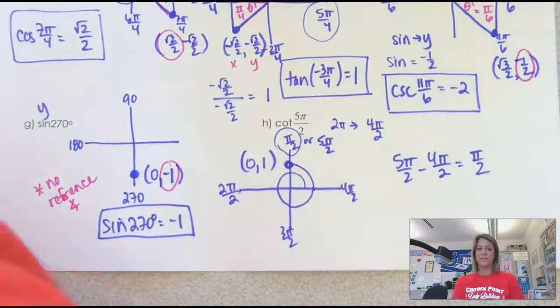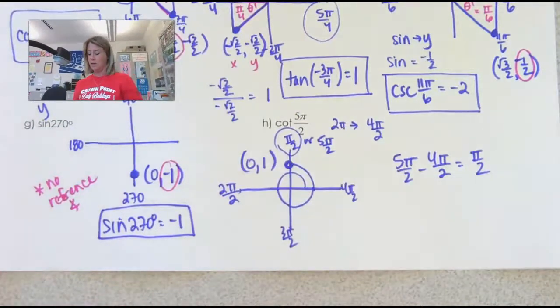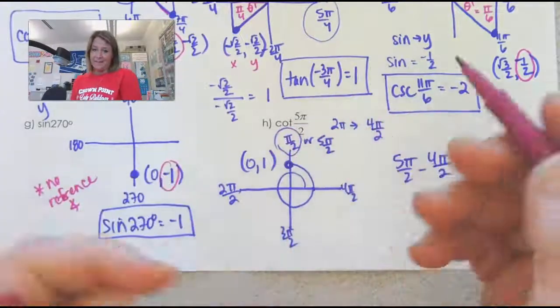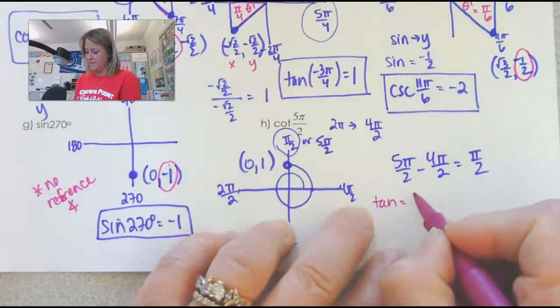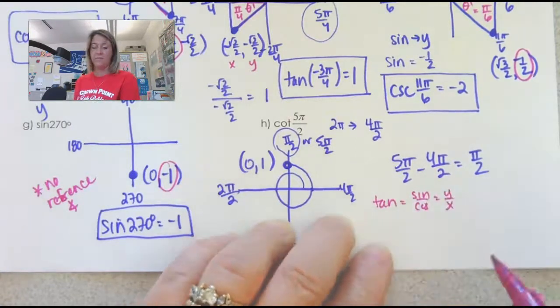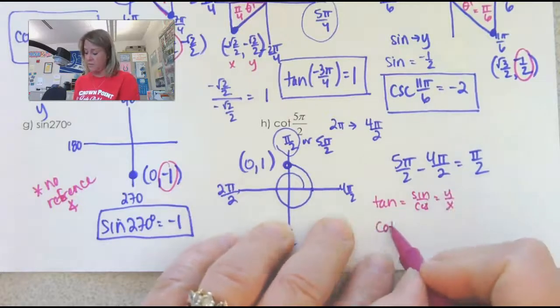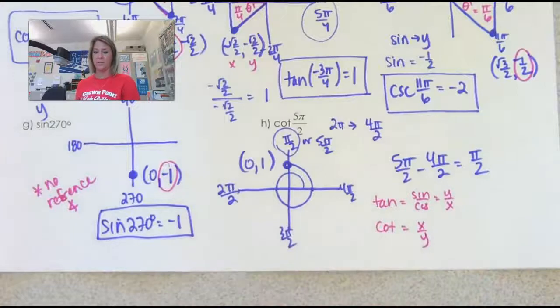What does cotangent mean? Let me move my face. What does cotangent mean? Well, I like to work with tangent better. So tangent is sine over cosine. Tangent is y over x. If that's the case, then cotangent has to be x over y. I have to flip that fraction.